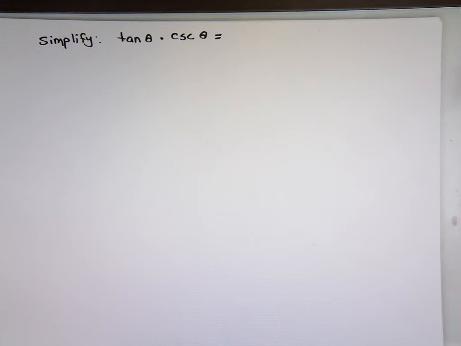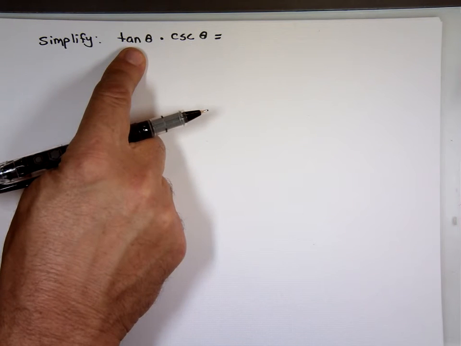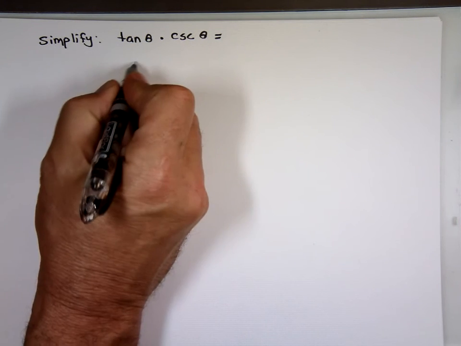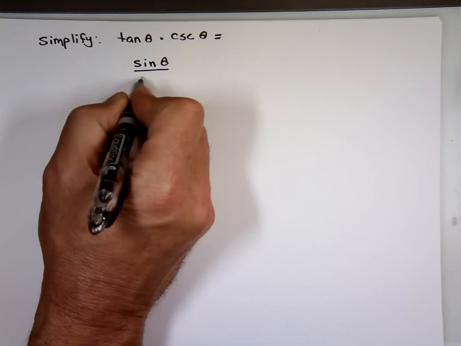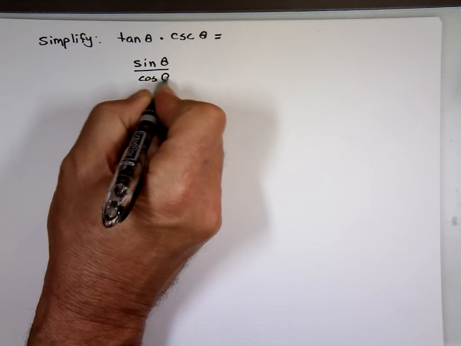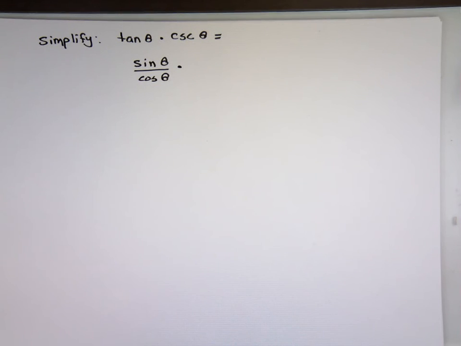Yes? Could be. Could be. Let's see. When I make these, by the way, I don't know what the answer is, honestly. I just make them. So let's see. What's tangent equal to? Sine over cosine. So let me rewrite everything in terms of sine, cosine. And what's the cosecant? 1 over sine.